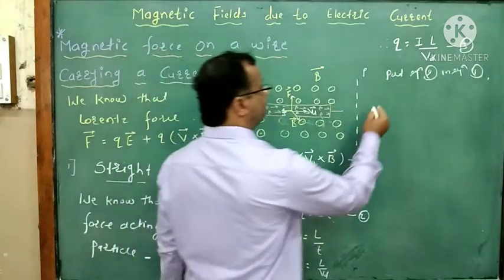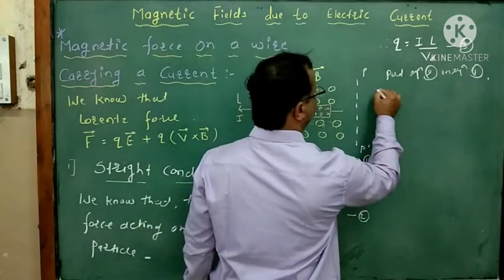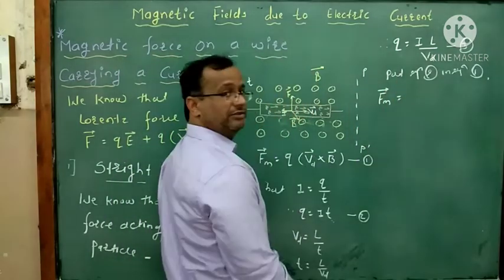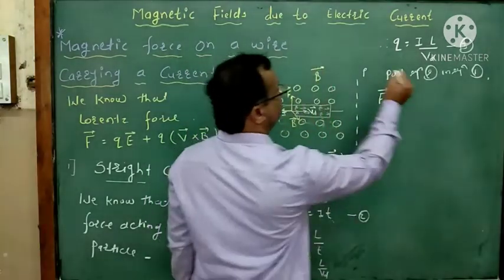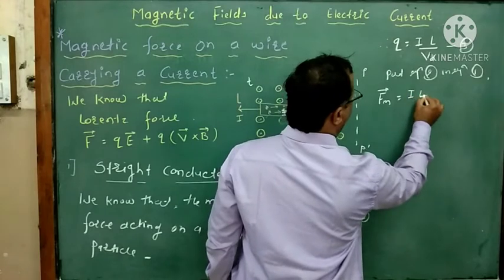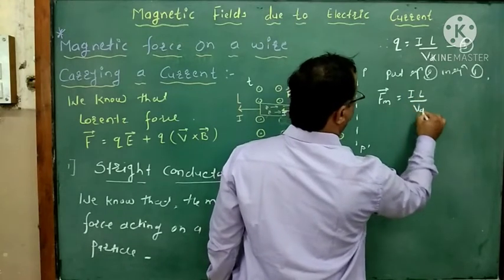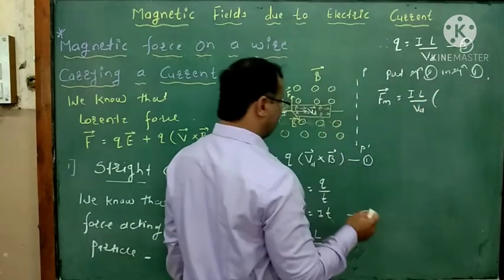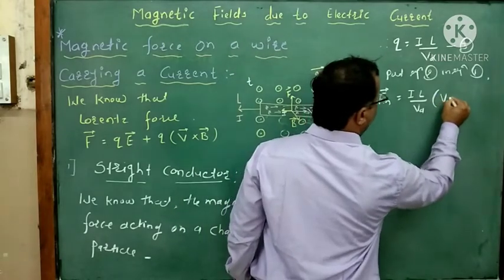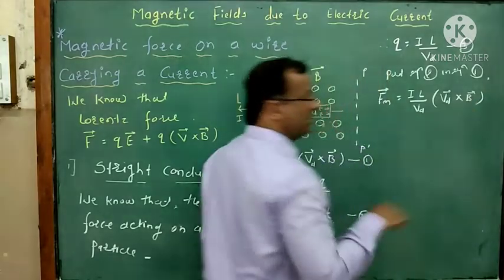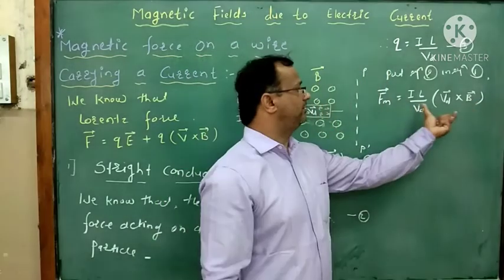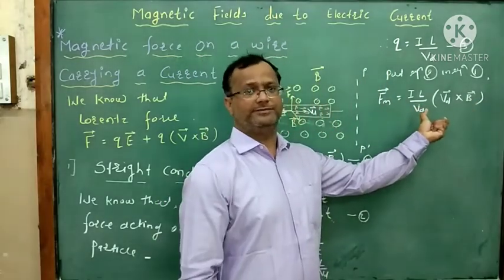So Fm is equal to, instead of the charge, we write I L upon Vd, inside the bracket Vd cross vector B. Now we want to write this in terms of the vector.